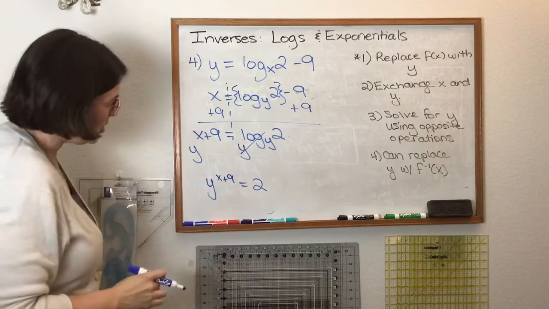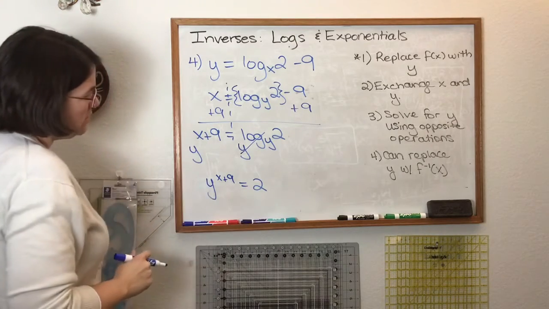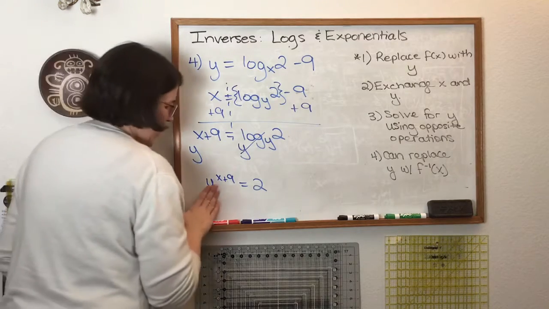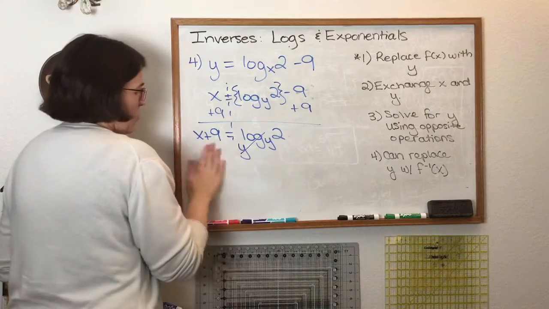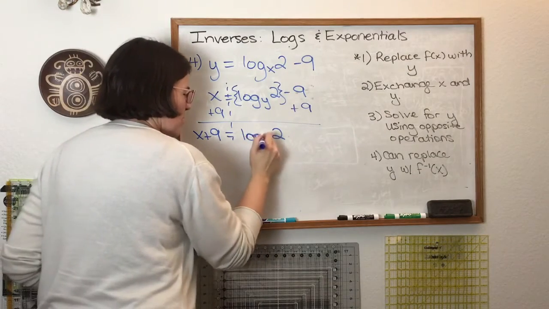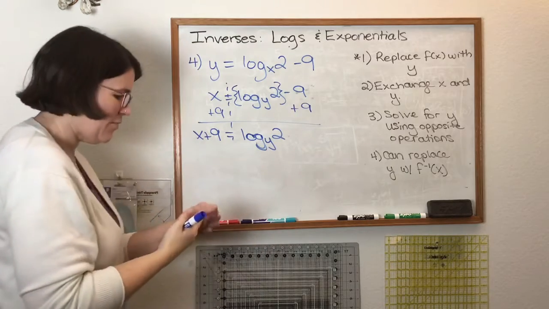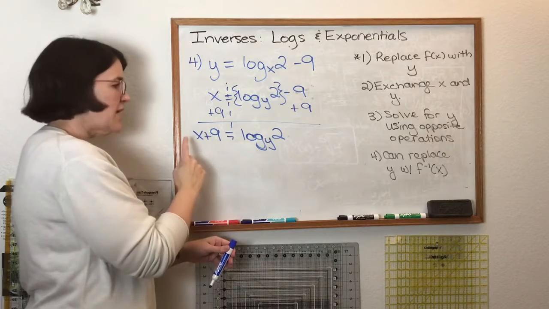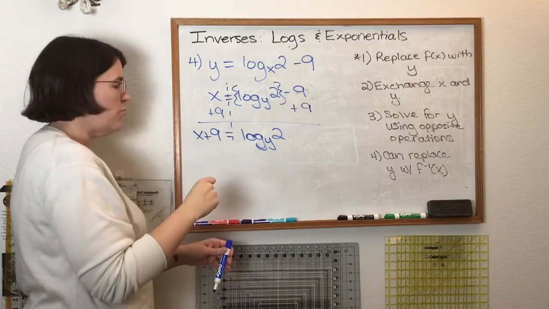Now, here is where we're going to run into some trouble. And actually, thinking about it, I feel like we might be better off stopping here. Because even though the y isn't completely alone, if we try to take y on both sides, we're just going to end up having to log again to remove it.